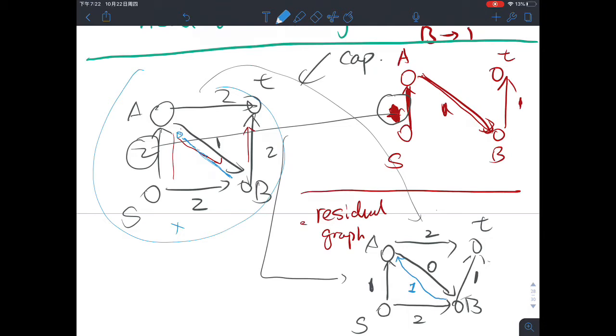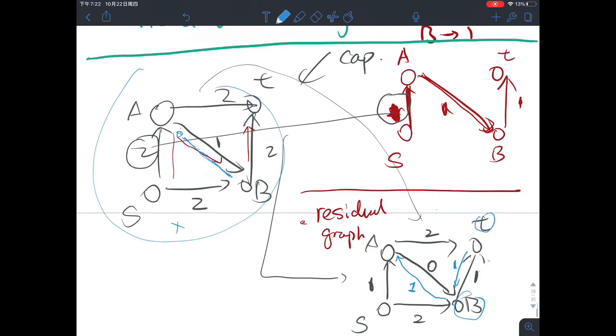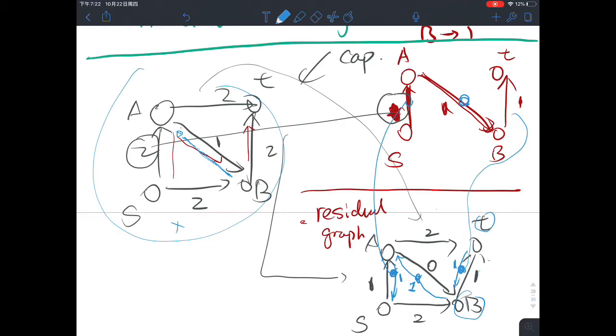Similarly, for the BT edge, because we use 1 unit of flow, we do the reverting, and similarly we revert here. So all these 3 blue edges correspond to the inverse direction of the three active flows.